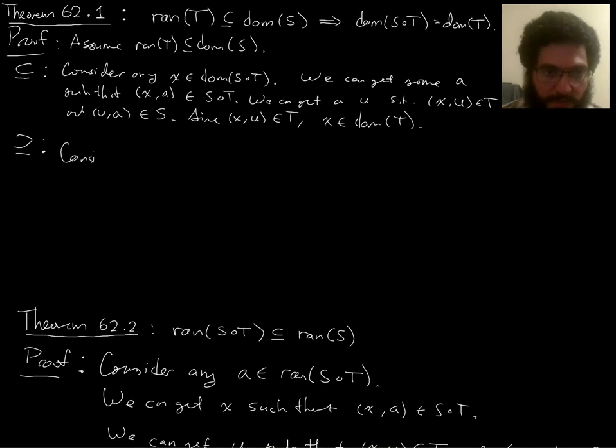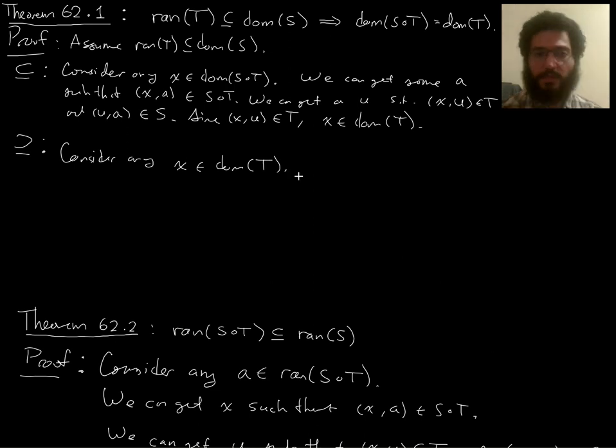So let's see, consider any, and then what should I call this? I'm going to call it x again. x in the domain of T. Well, I do have a way of unpacking that a little bit.